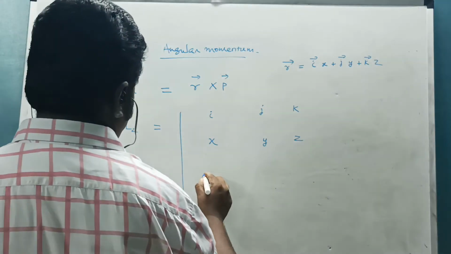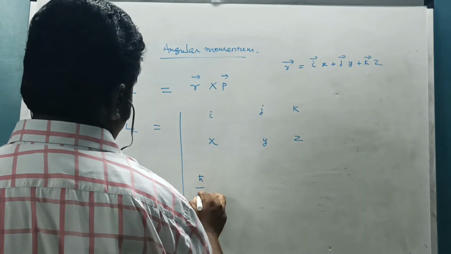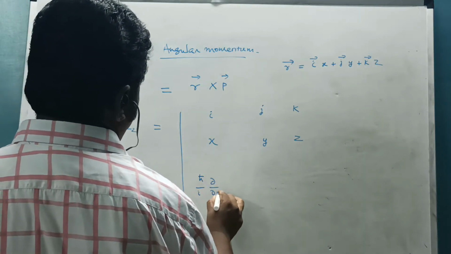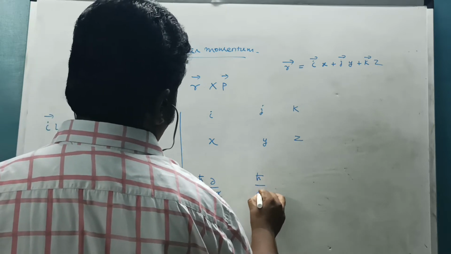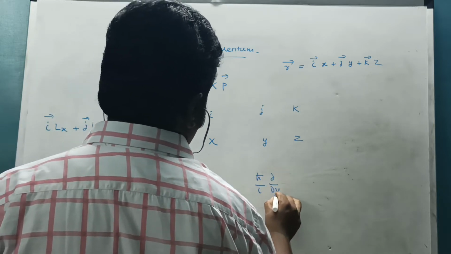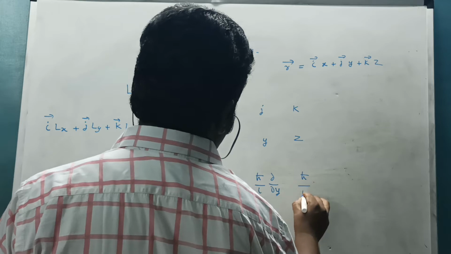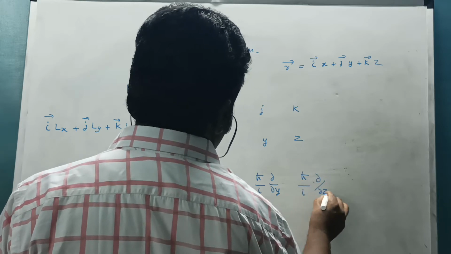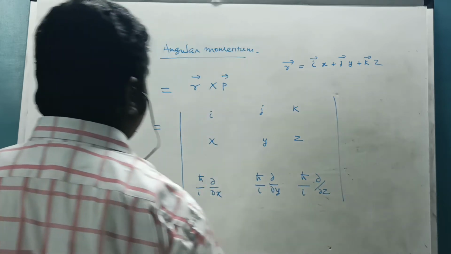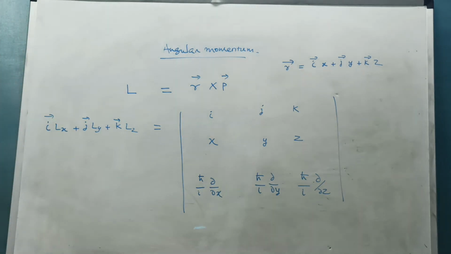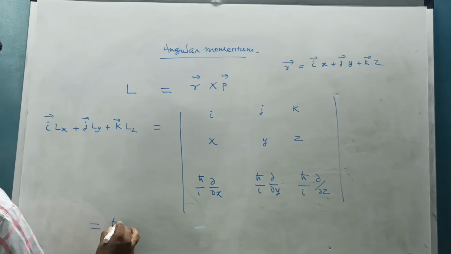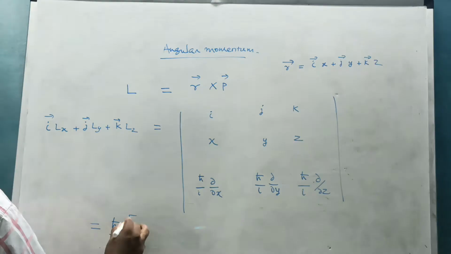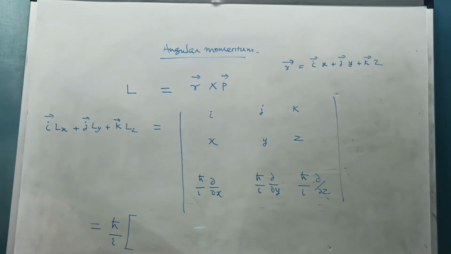This is our ħ by i, ∂/∂x, x component of momentum, ħ by i, ∂/∂y, y component of momentum, ħ by i, ∂/∂z, z component of momentum. Now take ħ by i as a common term. Write down the rest of the things.